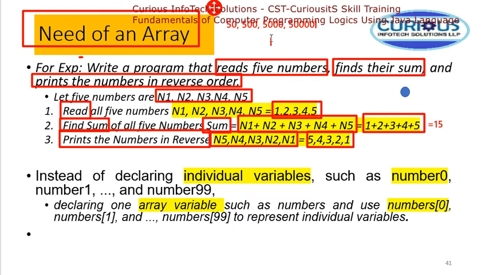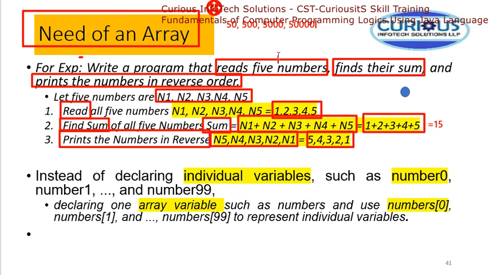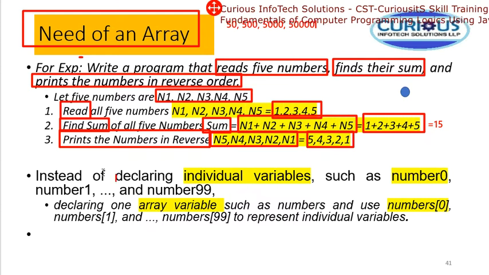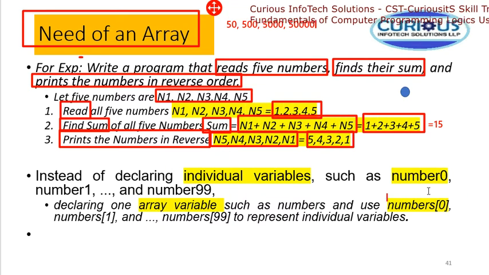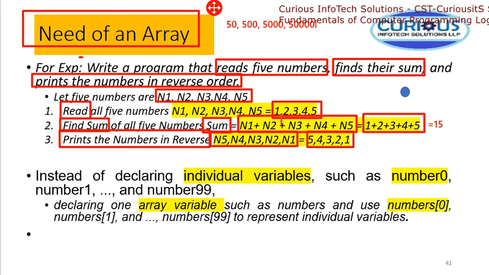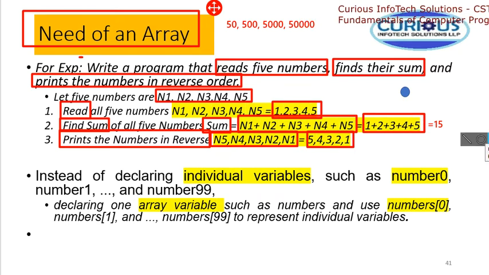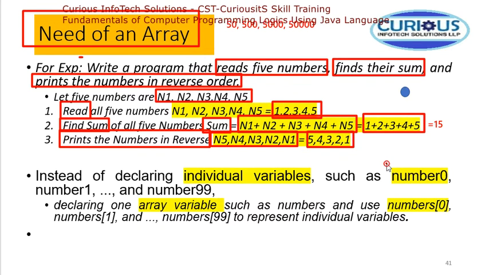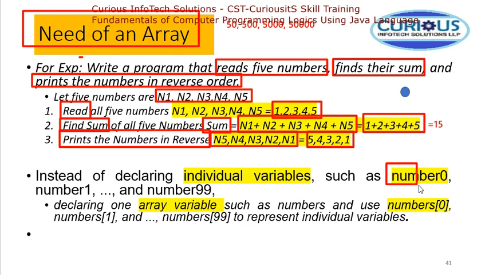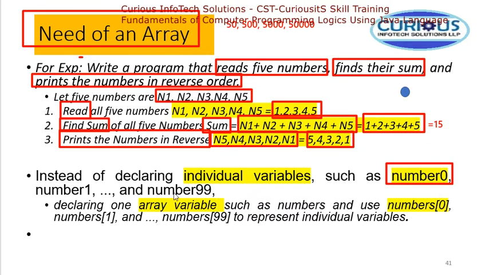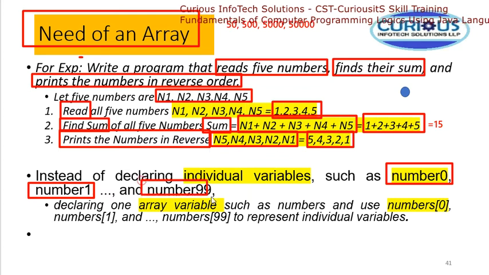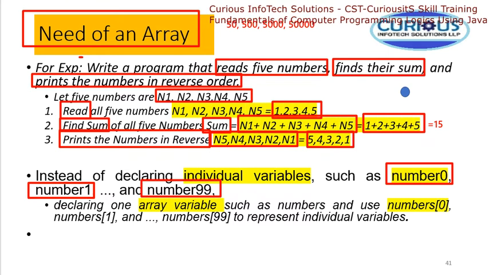So instead of modifying the instructions or the code in many places, we have to think ki why not use an array instead of these individual variables. So here we will think like that. In place of this n1 we should take n0 n1, and this is n99 for 100 variables.